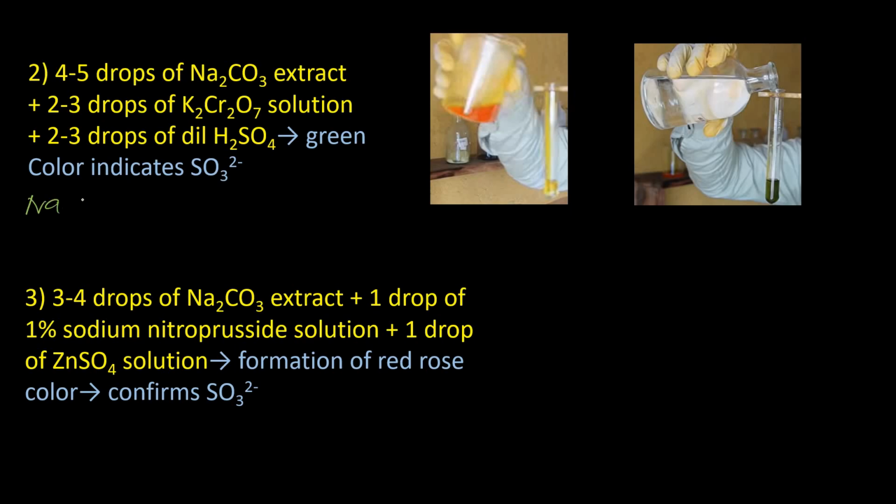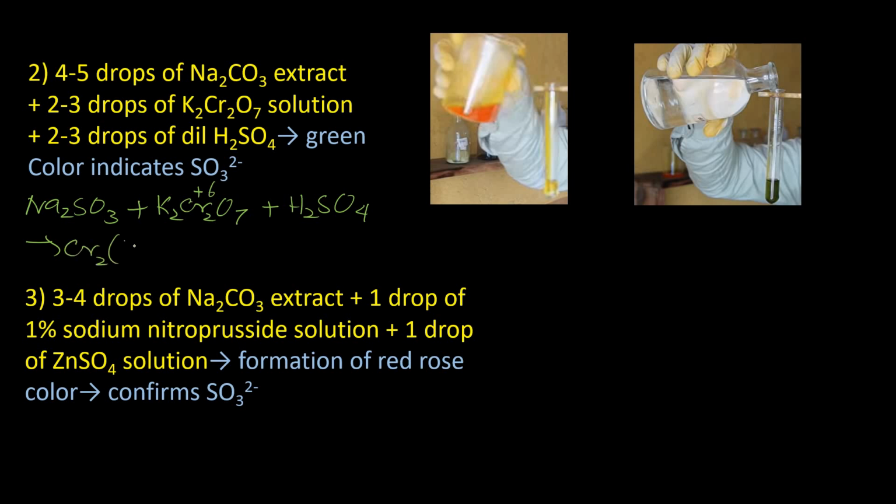So sodium sulfite plus potassium dichromate plus sulfuric acid. What will happen? Here chromium is in +6 state. It will be reduced by sulfurous acid or sulfur dioxide from sulfite to chromium +3 state.